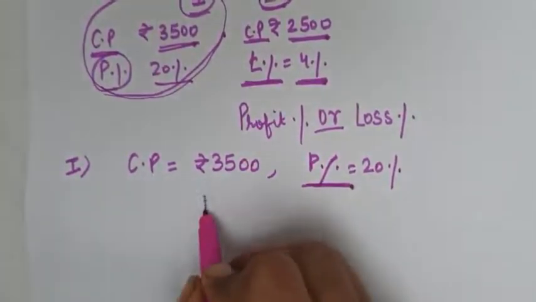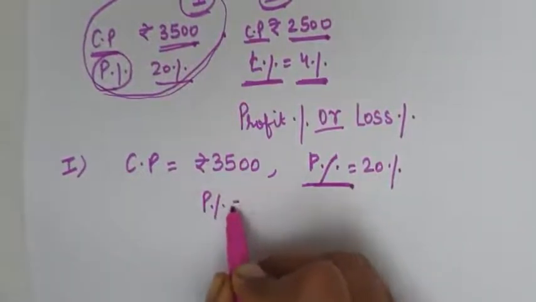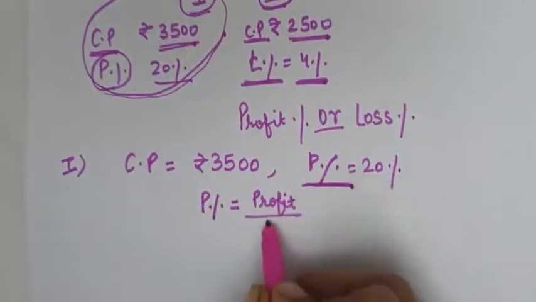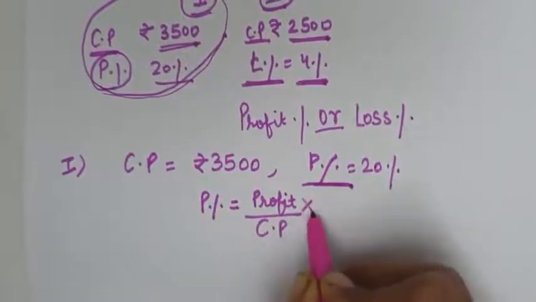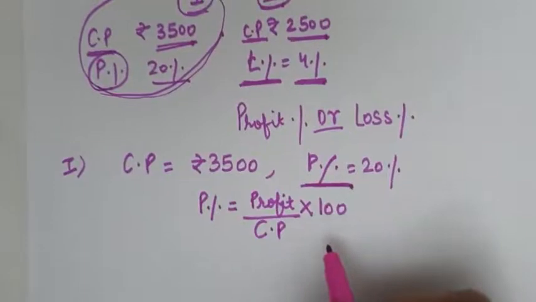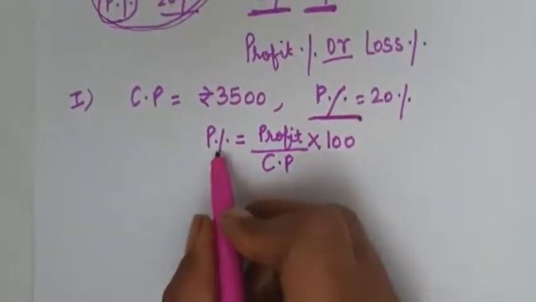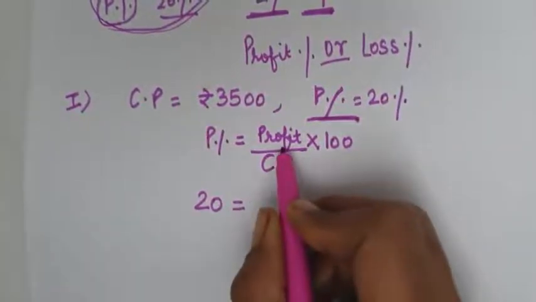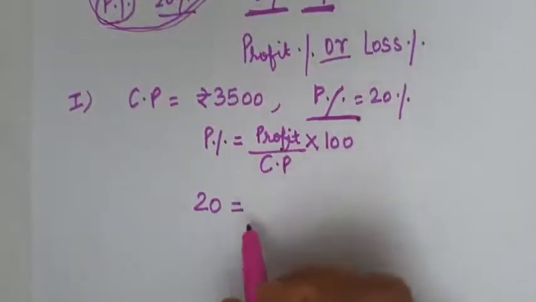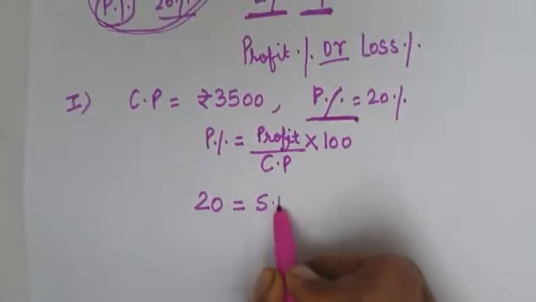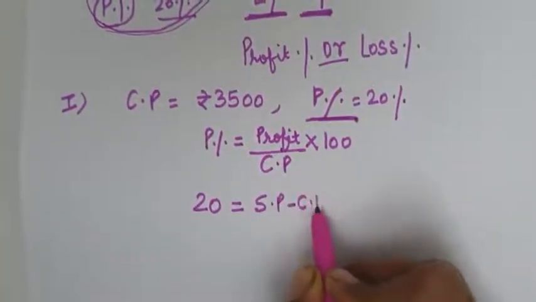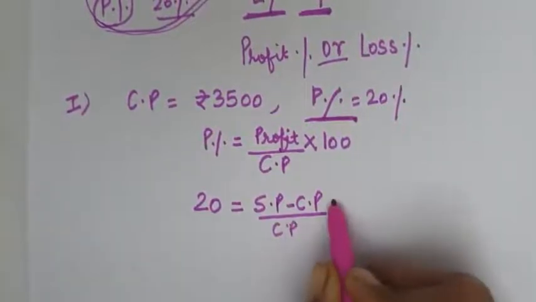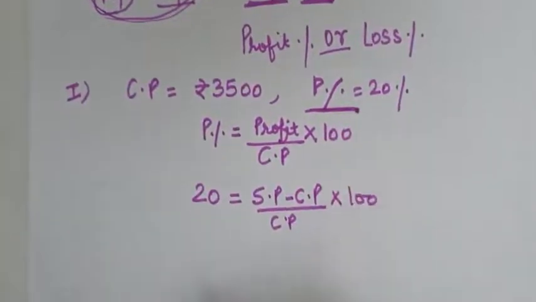Yes, profit percentage is equal to profit upon cost price multiply 100. Now profit percentage is 20. Profit we don't know, so put in the formula, that is SP minus CP upon CP multiply 100.